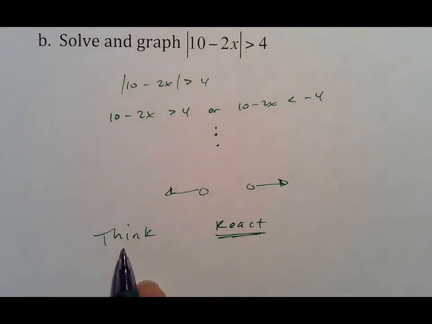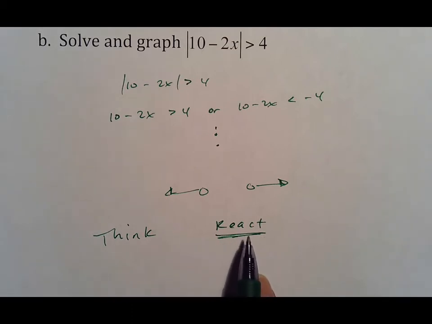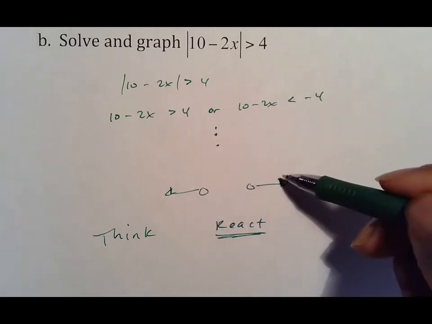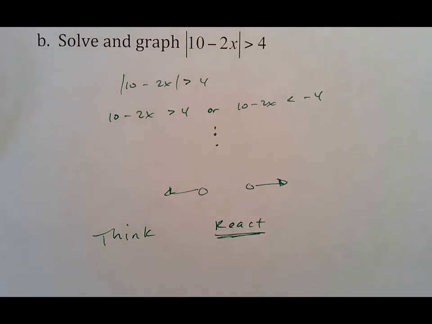You have to start out by thinking through it, and so you do things to make sure you're doing them right. But when you do them enough, and that's why you work for mastery, you can kind of react, and that is where you need to be. You need to be able to react to stuff, which means that you should kind of know if it's "and," if it's "or," what it should look like, and that way you can keep yourself in check as you go through it.